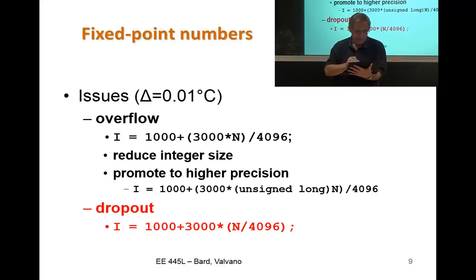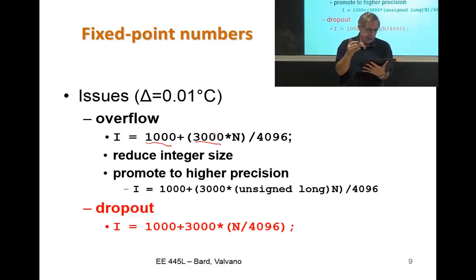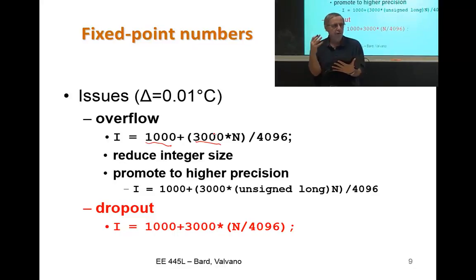You can see I've put in some constants so you can see where the variable and the constant are. The A's and B's that we showed in the last couple of slides are constants, whereas the N is the A to D converter, and the I is the integer part of the fixed point number that represents, in this case, temperature.